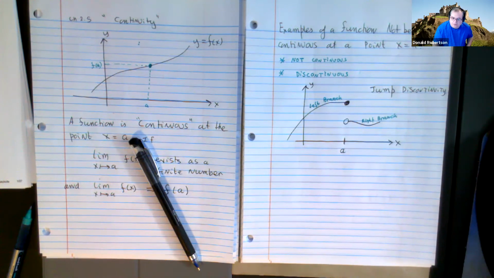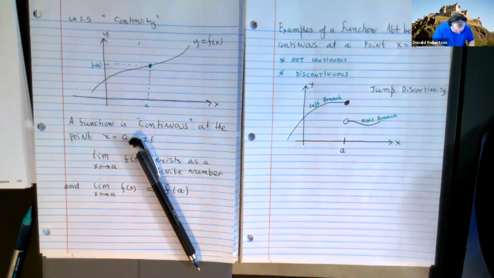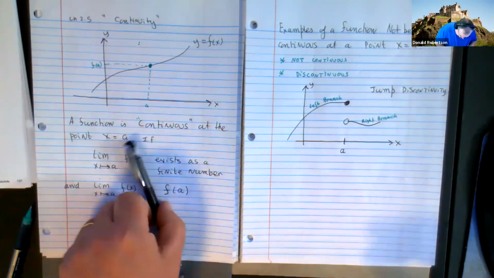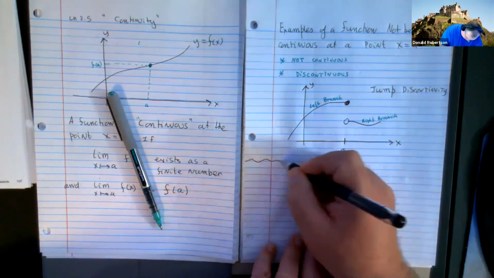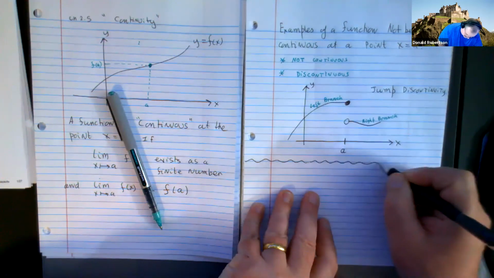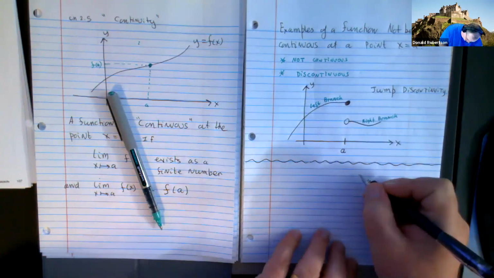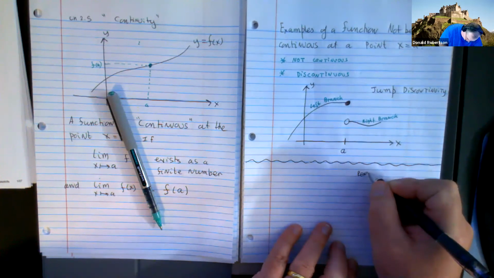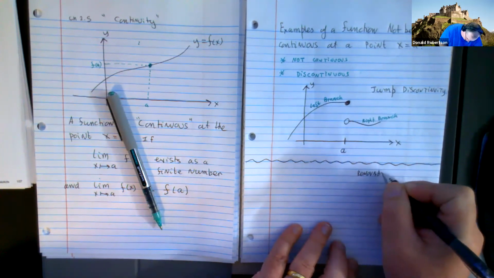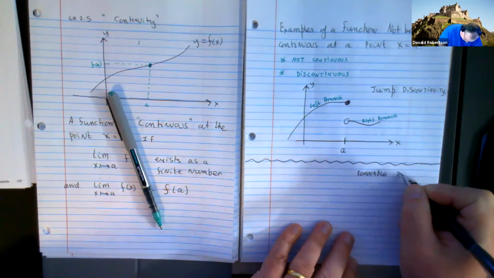Let's get myself set up here again. There we go. The next one that we're going to have a look at, in no particular order, is called a removable discontinuity.